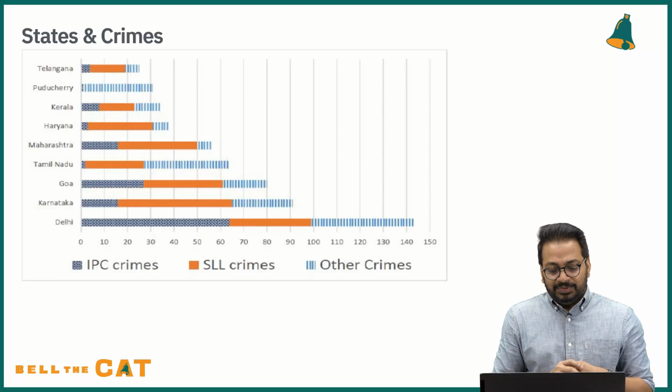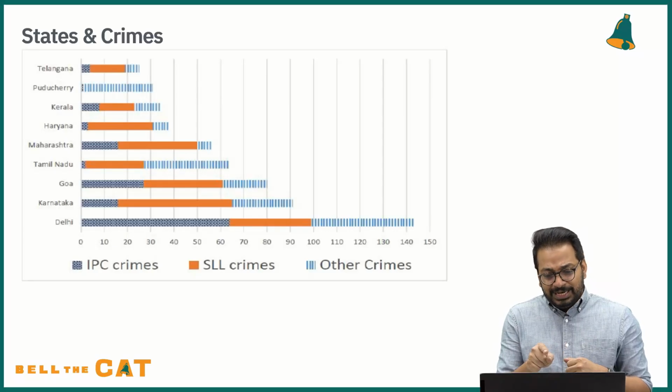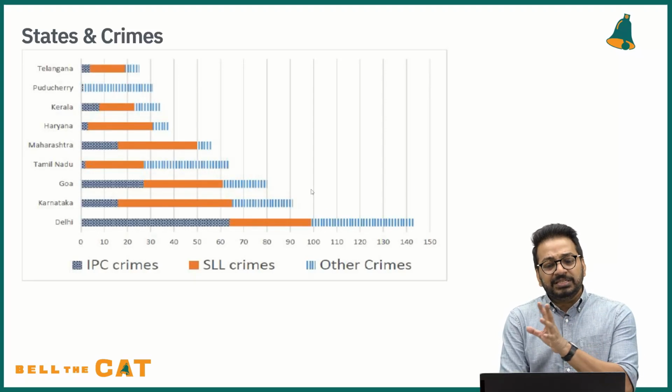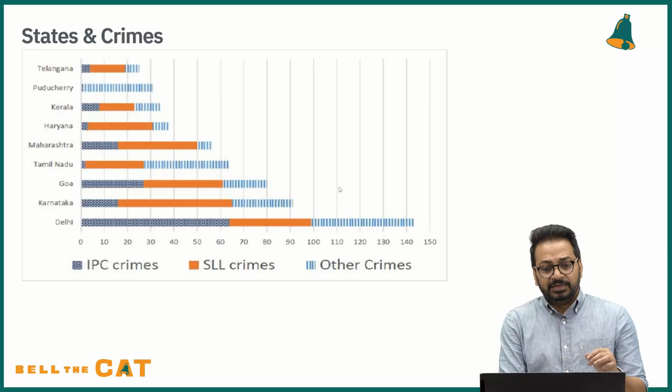The second thing I know is that I'm looking at, let's say, any one specific thing. Let's look at other crimes in Delhi. Are you seeing these vertical lines that are parallel to the y-axis?